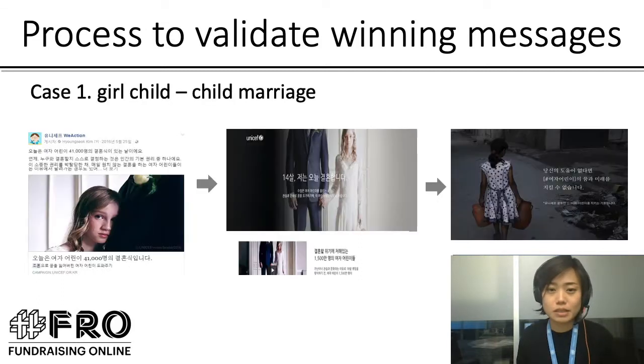Let me show you some examples. This is about the Coral Child, early child marriages. On the left-hand side is the organically tested content, which had 0 advertising spend. They found that this organic content generated a lot of engagement, also higher click-through rates and higher conversion rates compared to the other content created every week.